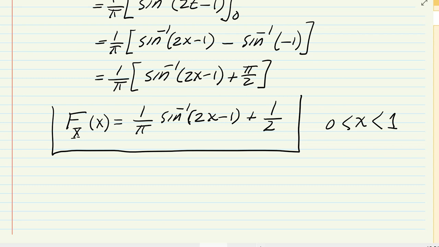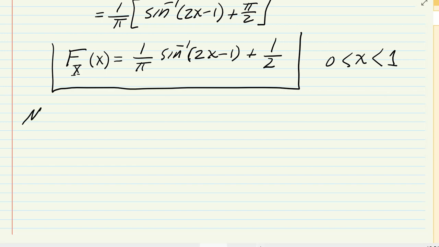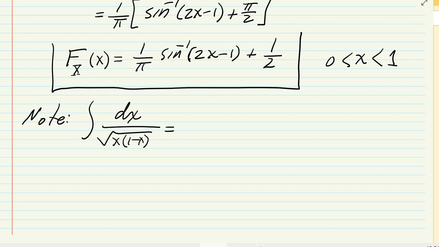And the other expression that you may also see for this is, let me make a note here. Remember the integral of dx over square root of x times 1 minus x. We said that was arcsine, right? Well, I have also shown in my video, which I will have a link for you down below, that this is equal to -2 arc cosine of u plus a constant.